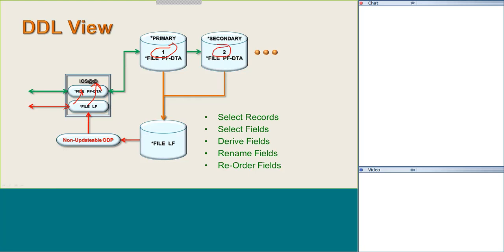And of course, the reads are done direct from the logical file. So you handle this from an I/O server perspective. You handle it in exactly the same way as you do the DDS join. So again, there are similarities between the join and this view, but they're not the same construct.